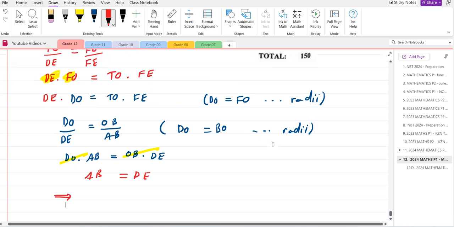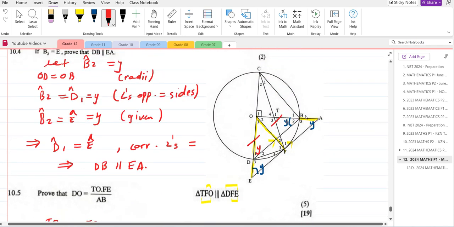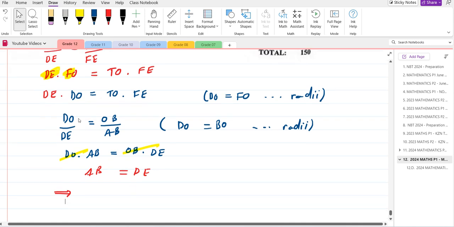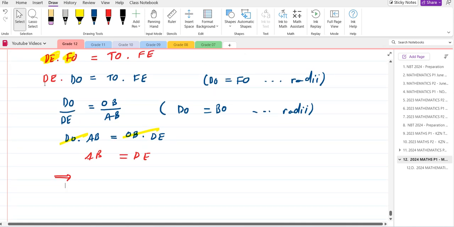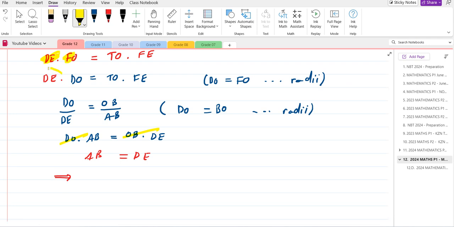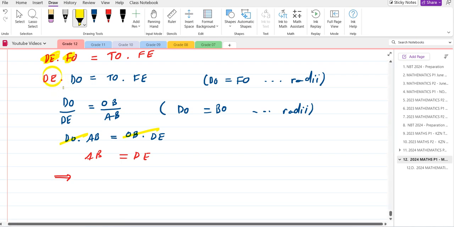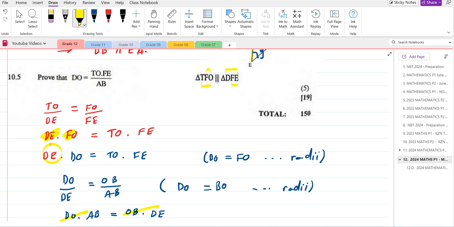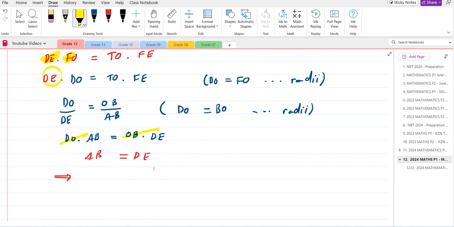Perfect. We just proved that's what we wanted. We wanted AB to be equal to DE, and now we can replace this part. We need to replace this DE over here with AB.